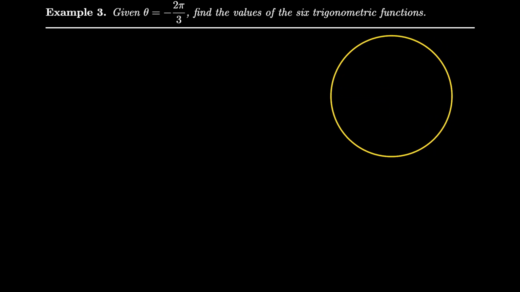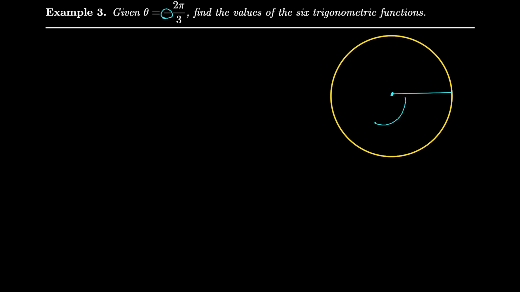And let me go ahead and grab this, and let's make our center about here, and then our initial angle, which is always the positive x-axis. And then we ask ourselves, what does this negative mean? Well, a positive angle goes around this way, that is counterclockwise, and a negative angle goes around this way.